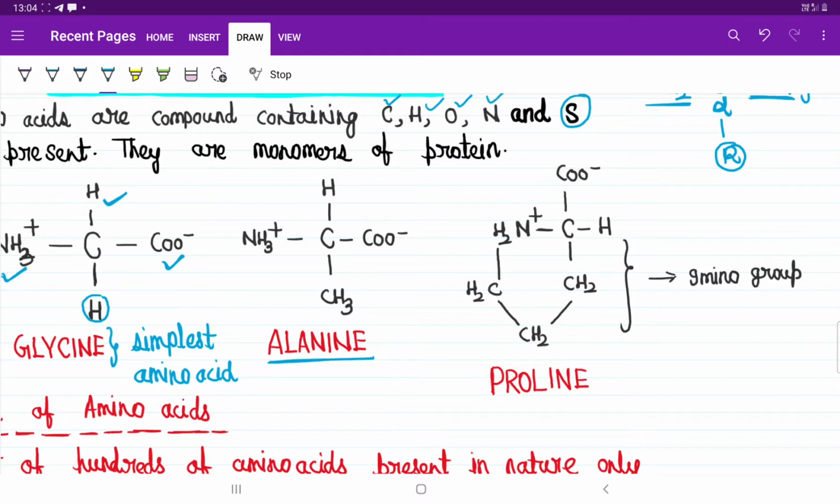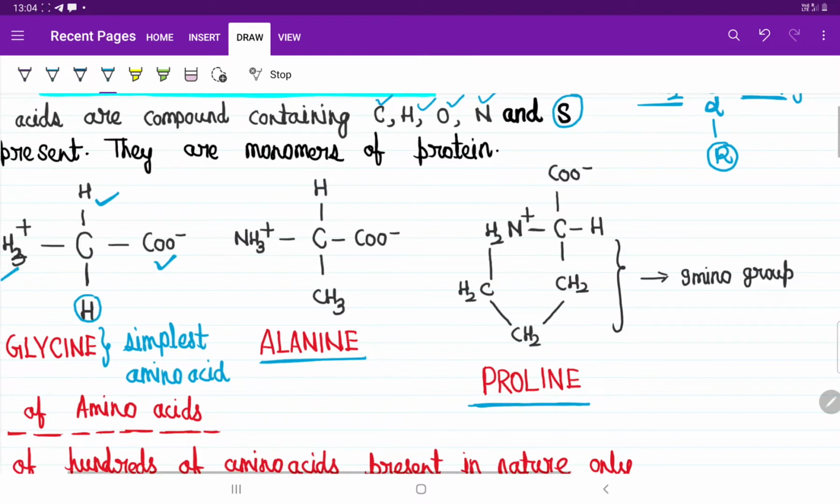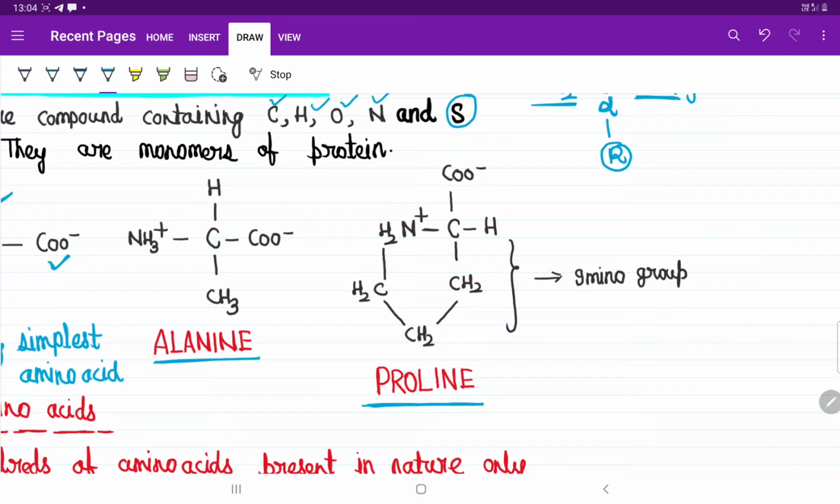Now see this unique amino acid, proline. This proline is a unique amino acid which does not have a primary amino group. Actually, it has one carboxylic acid group and one NH group, and that NH group is also present in a ring.